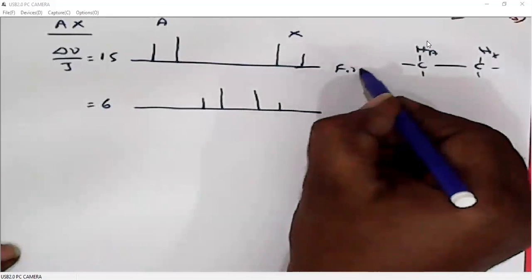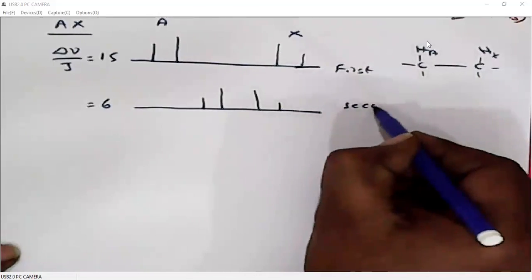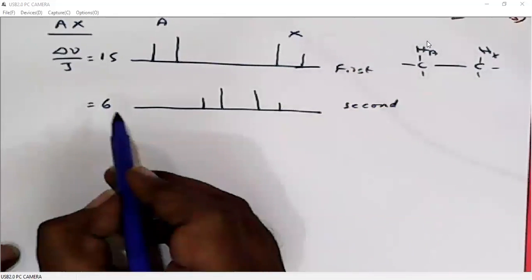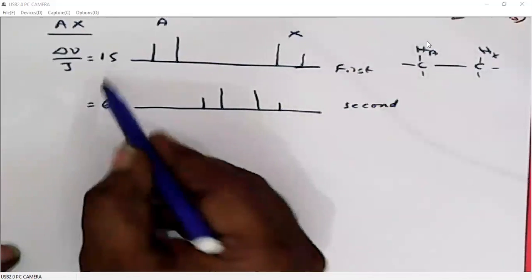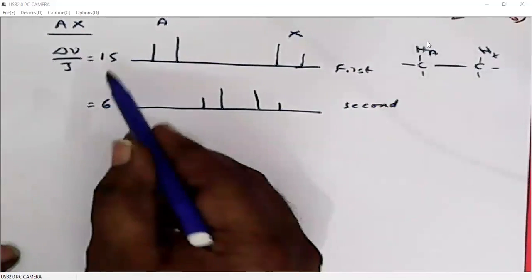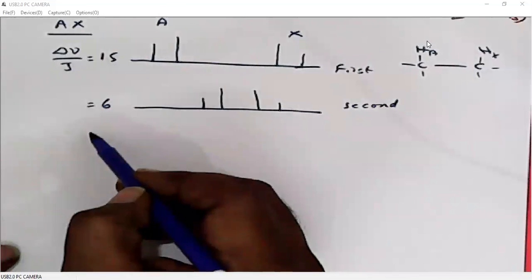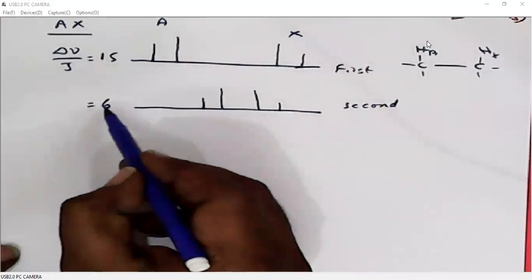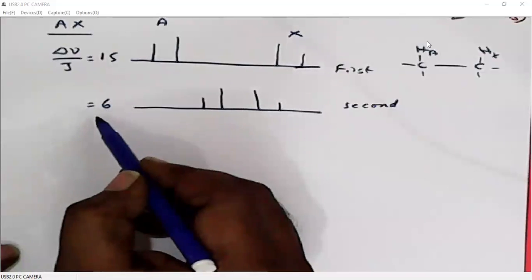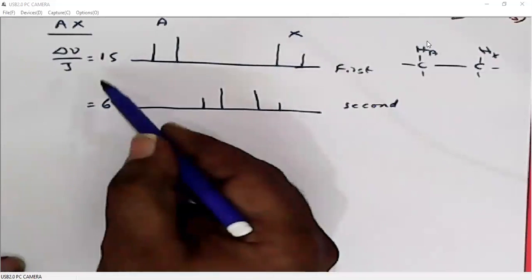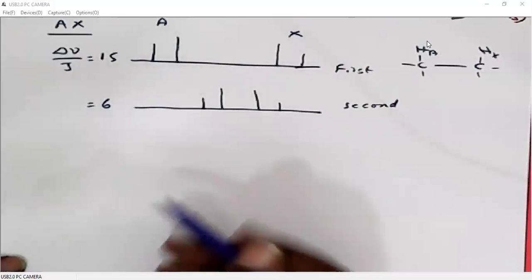Here it is first order, here it is second order. So the transition between first order and second order occurs somewhere between delta nu by J of 6 and 15. It is not a fixed value, delta nu by J greater than 6 or less than 6. It is a general value, but it depends on the case.